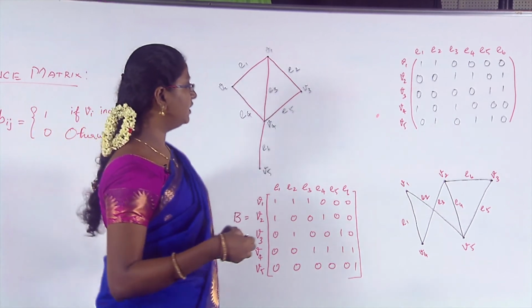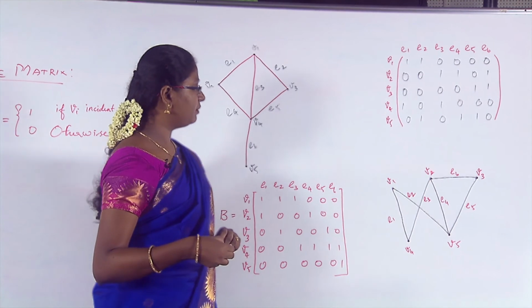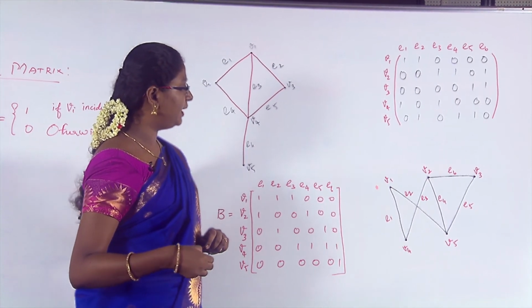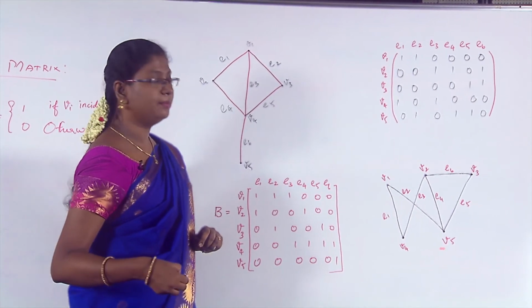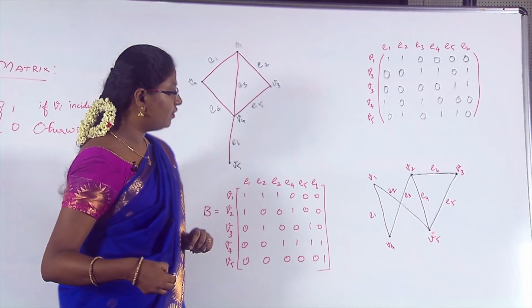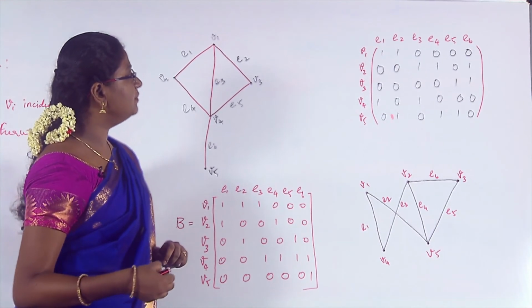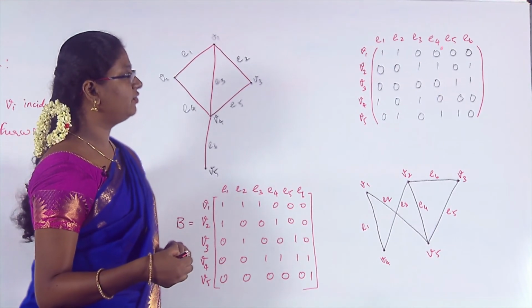So I am going to place all the 5 vertices on a plane, V1, V2, V3, V4, V5, and I am going to check the entries for the columns E1, E2, E3, E4, E5, E6.